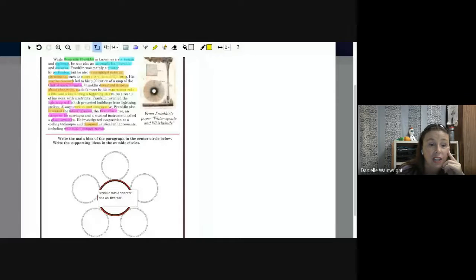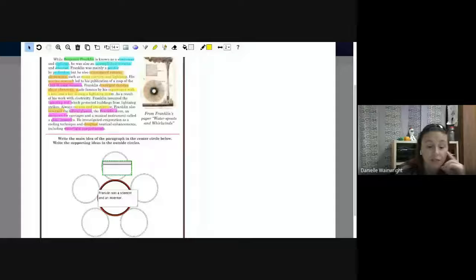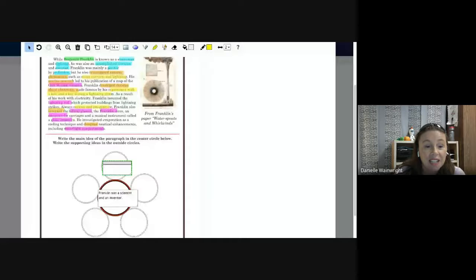Okay, so he investigated natural, and I'm going to spell these words correctly because it's right here in my text for me. Natural phenomenon. He developed theories about electricity, could be another circle. He invented things and he designed things, right?